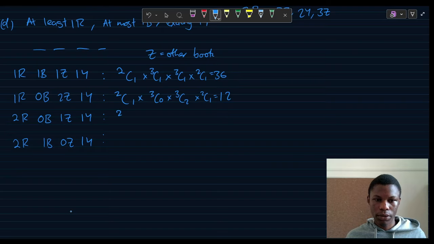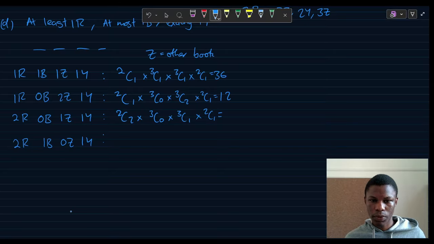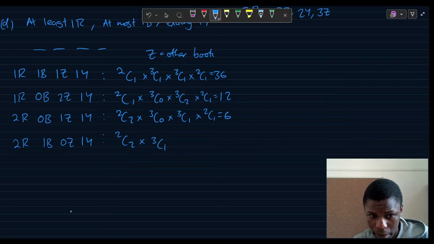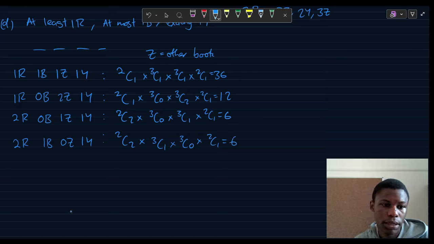Now we want 2 from 2, 0 from 3, 1 from 3, and 1 from 2, which is 1 times 1 times 3 times 2, which is 6. We want 2 from 2, 1 from 3, 0 from 3, 1 from 2, which is 1 times 3 times 1 times 2, which is again 6.